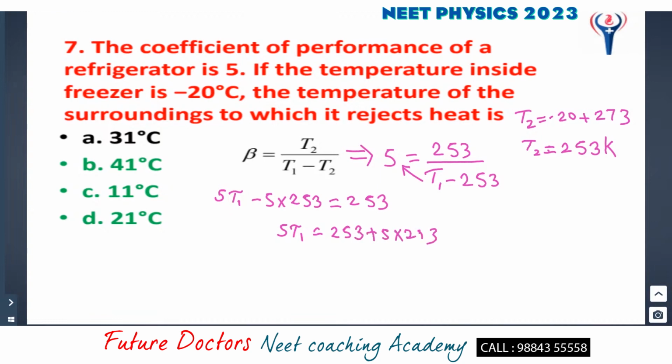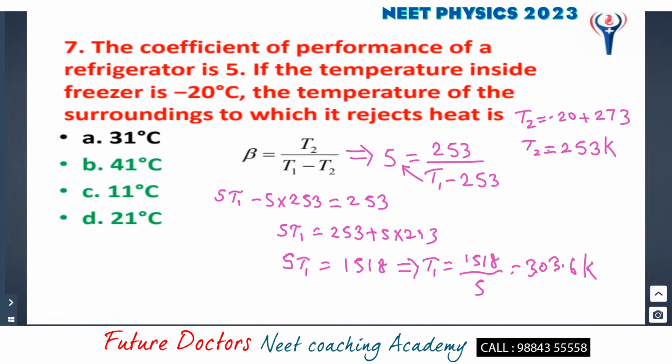Then 5T1 equals 1518. From this, T1 equals 1518 by 5. The answer you will get is 303.6, in Kelvin.